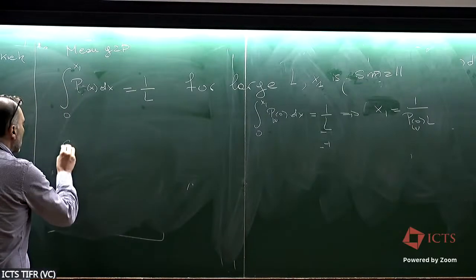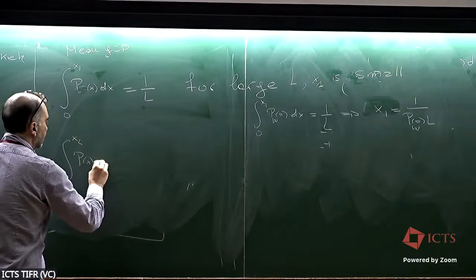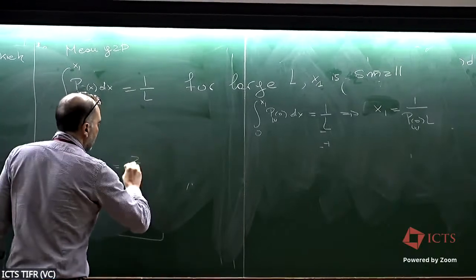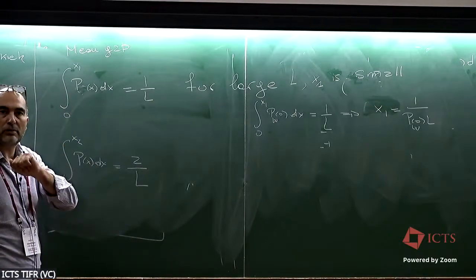Now the position of x2 is the same thing, but it is 2 over L, because you have 2 random numbers in the bottom of the spectrum.